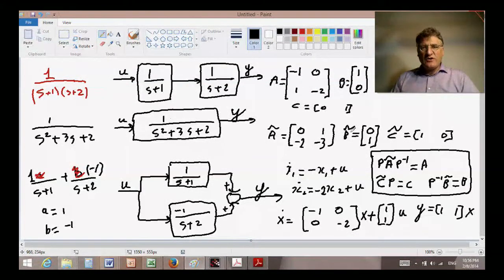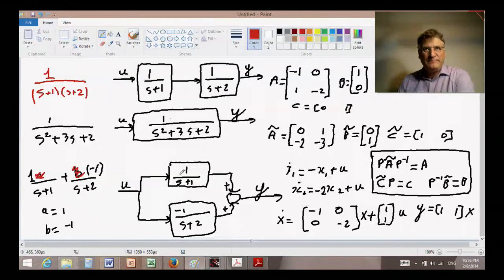Let me discuss now shortly the advantages and disadvantages of all these representations. It is not very clear as to whether there is an advantage comparing this transfer function and the corresponding state space representation, and that transfer function and the corresponding state space representation. However, here we can see an obvious advantage.